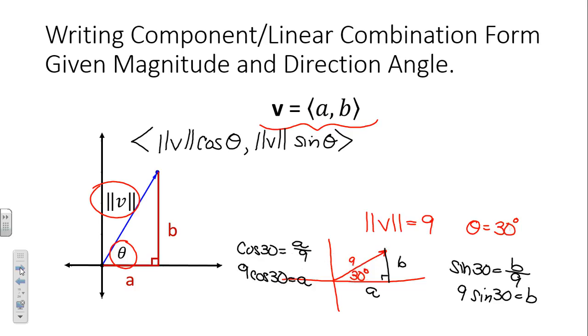Got that down there in this big old mess, so we'll leave it out for the moment. And if we wanted it in the linear combination form, then we simply say magnitude of v cosine theta i plus magnitude of v sine theta j.